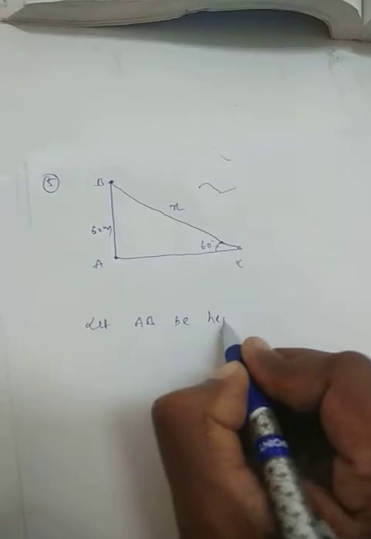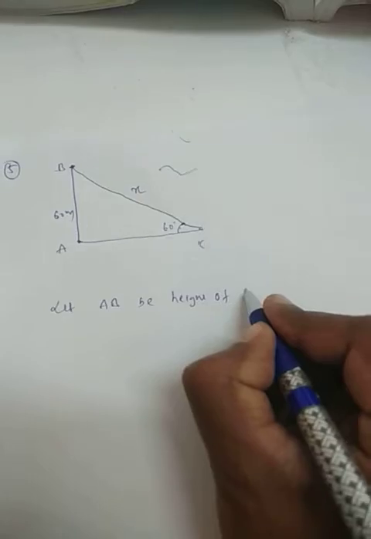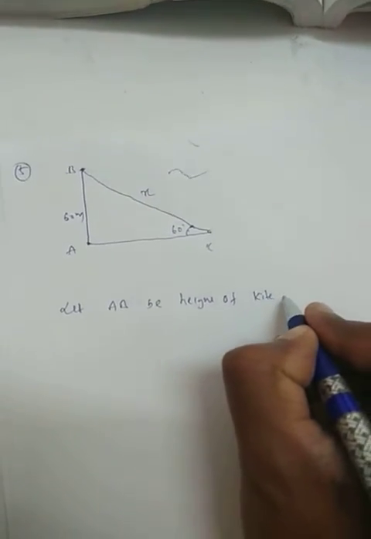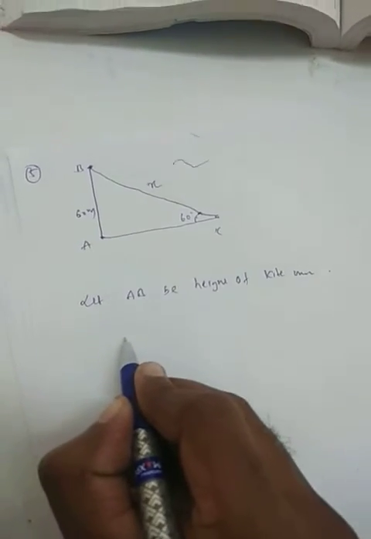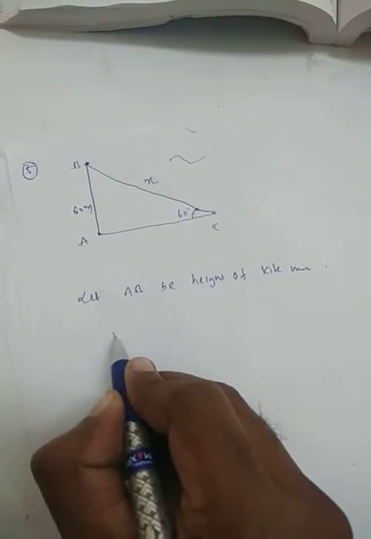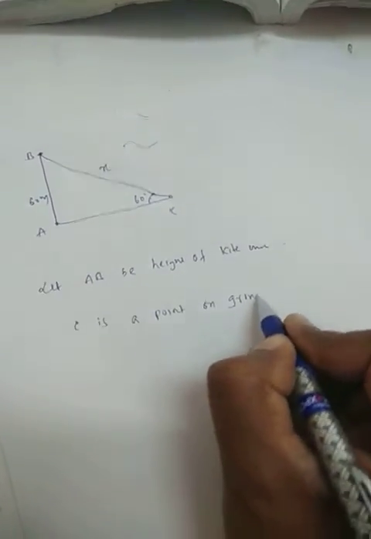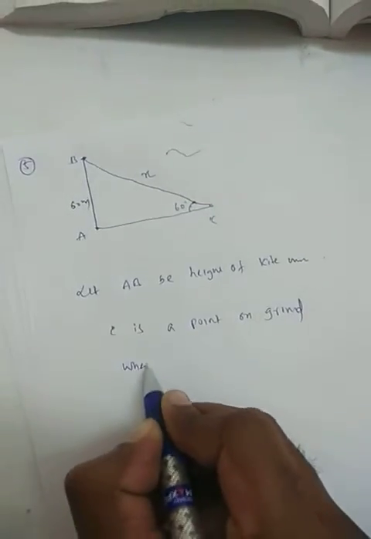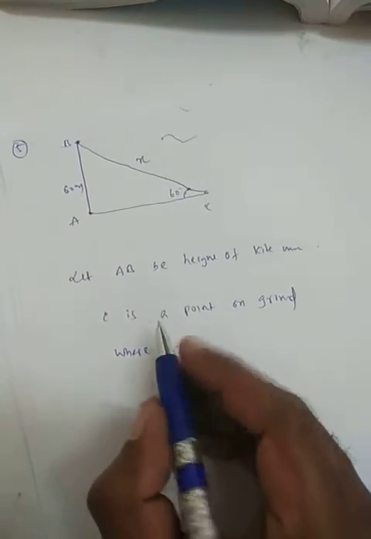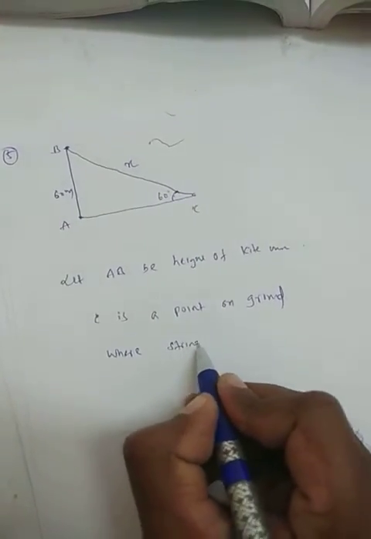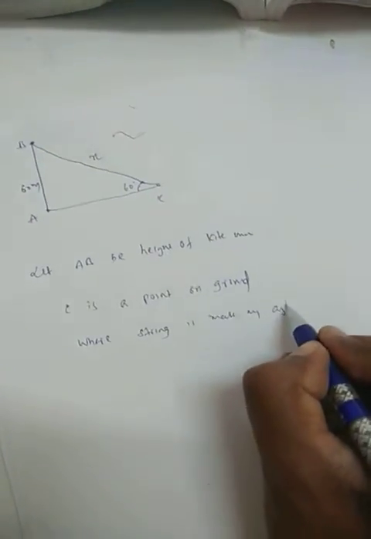So let AB be the height of the kite where it is flying. Next, C is a point on the ground where the string is making an angle of 60 degrees.